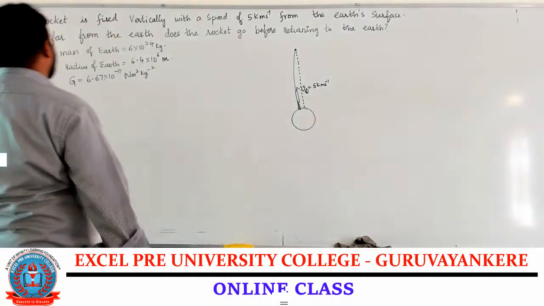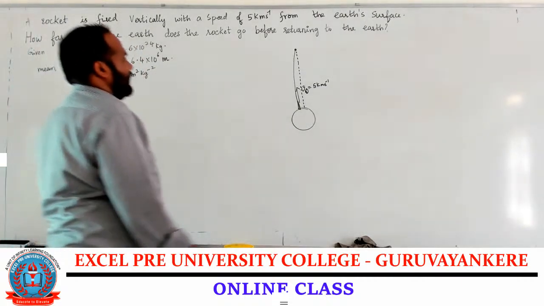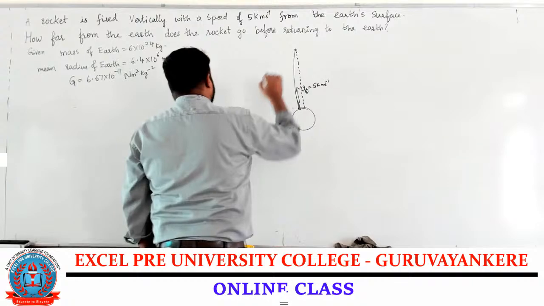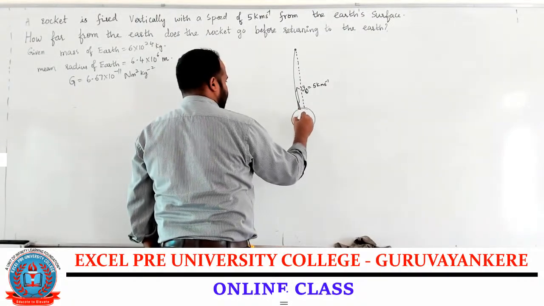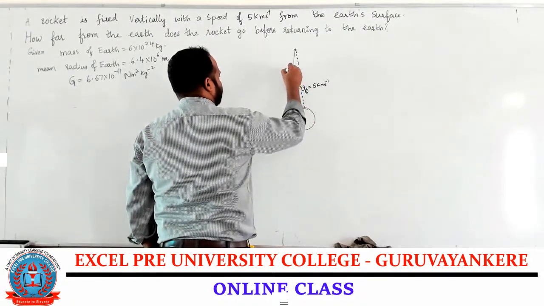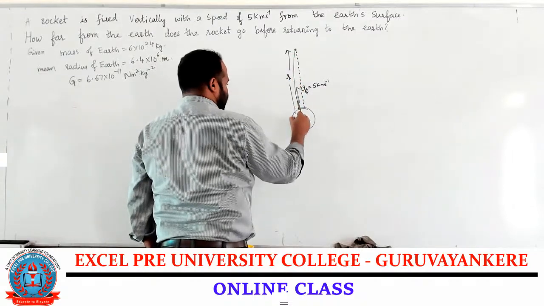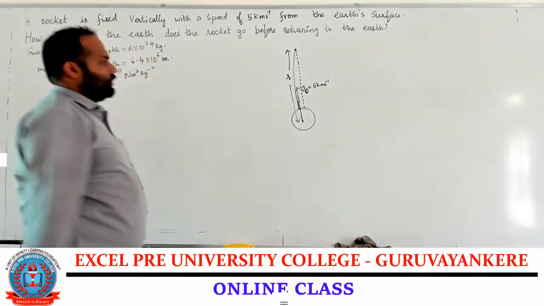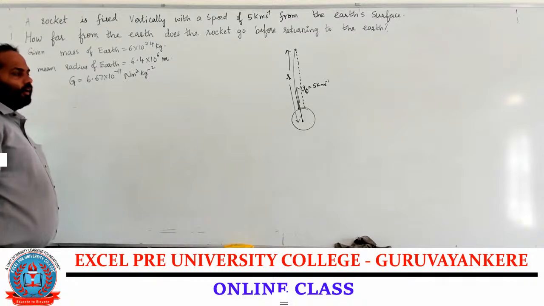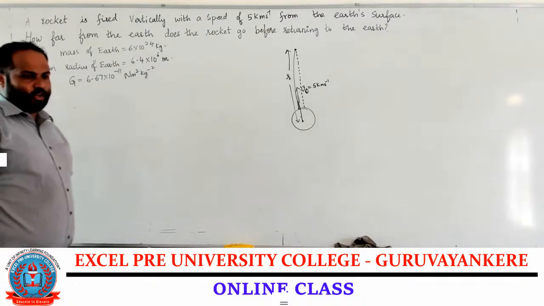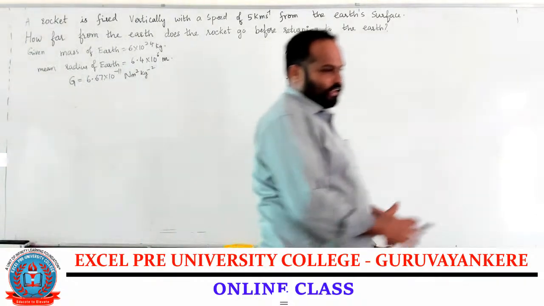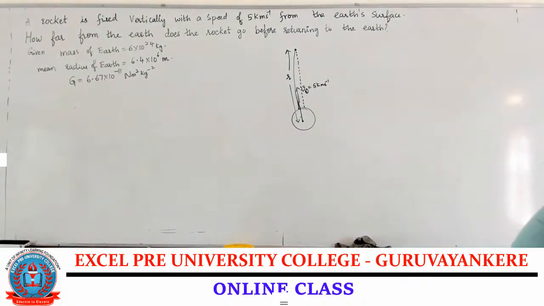Correct? So we have to calculate the height h. From the center, I call this as R. From the center you have to calculate the distance, obviously. So write down the question fast and try to answer that fast.